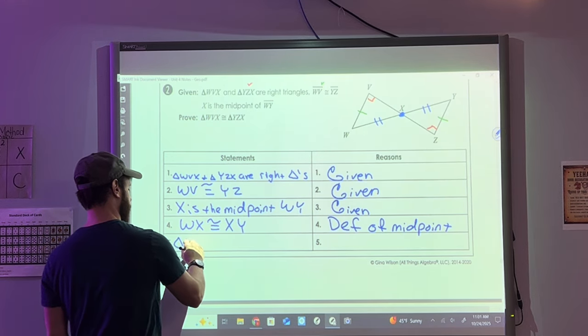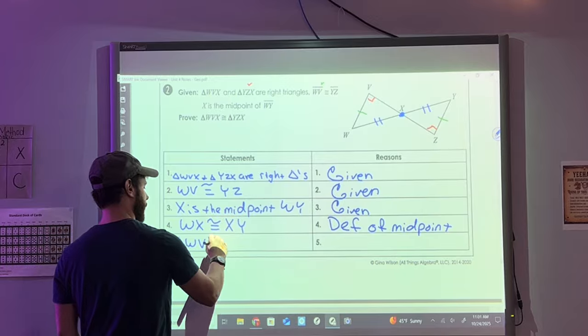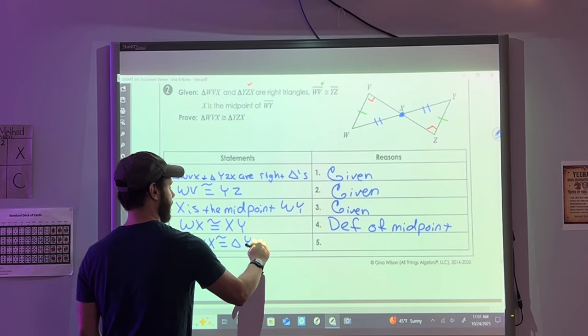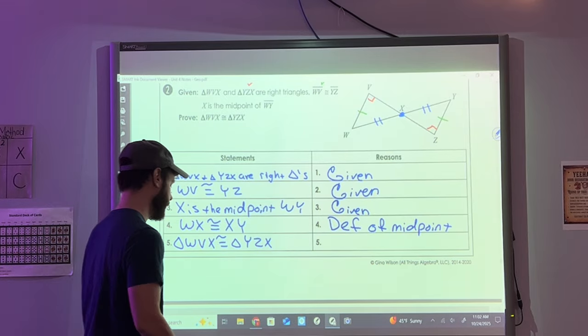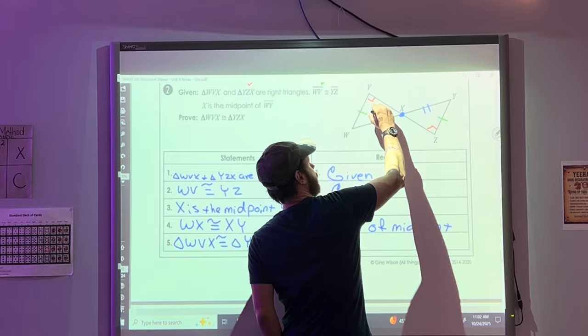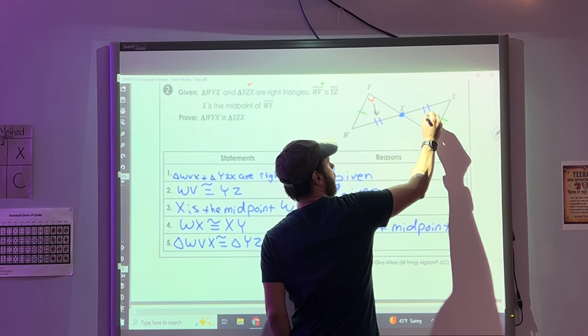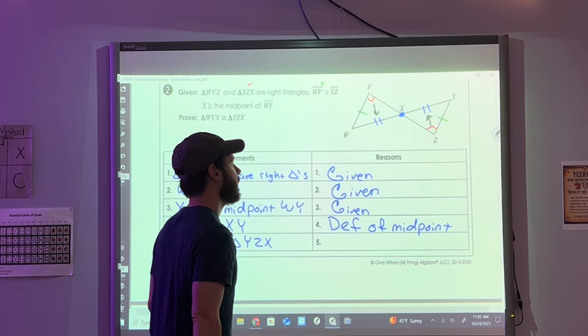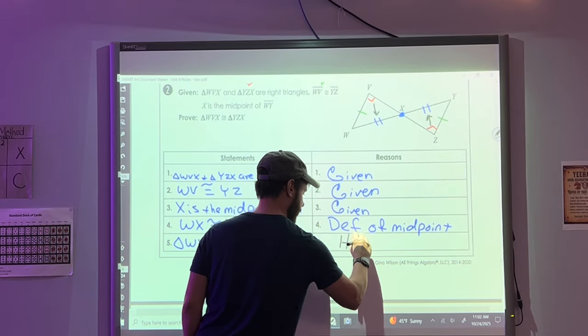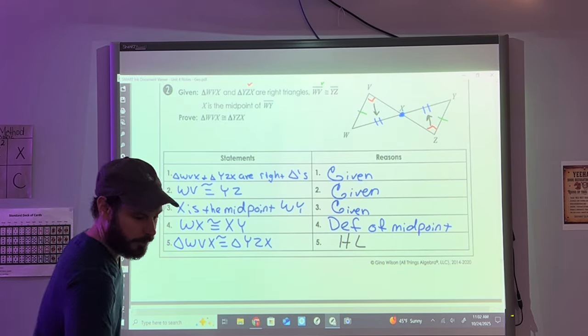Triangle WVX is congruent to triangle YZX. The reason? All right, the reason. I have a hypotenuse of both that match. And then I have this green leg that match. Hypotenuse, leg. I think that's it.